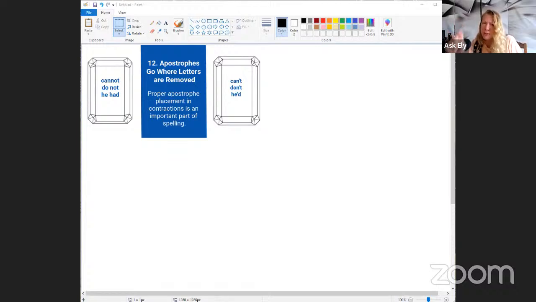Same thing with do not. It's two words, do and not. And that apostrophe is saying, well, it's missing a letter, right? It's missing O. And again, no spaces. I know that when you write do and not, it's two, but when you write don't, you put all the letters together, right?